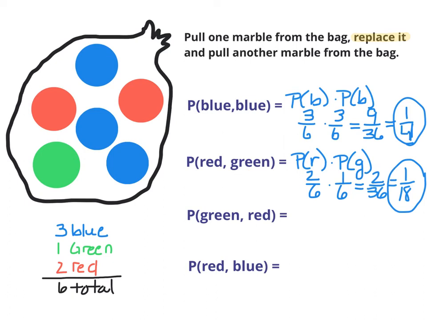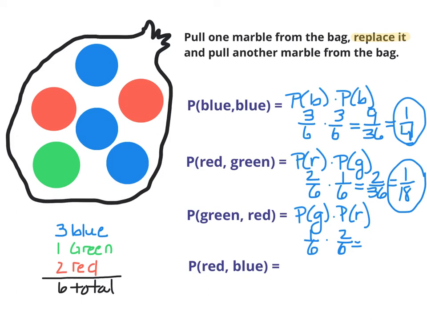So now let's try and explore what's the probability of pulling a green first and then a red. So we'll do the probability of green first times the probability of red. So the probability of green we know is 1 out of 6, and the probability of pulling a red out of the bag is 2 marbles out of 6.